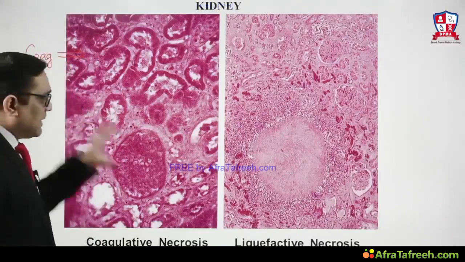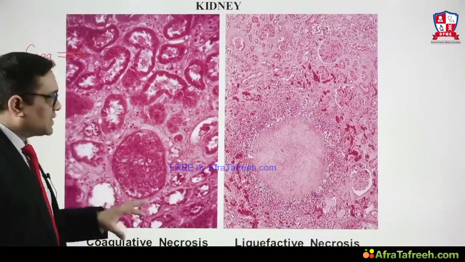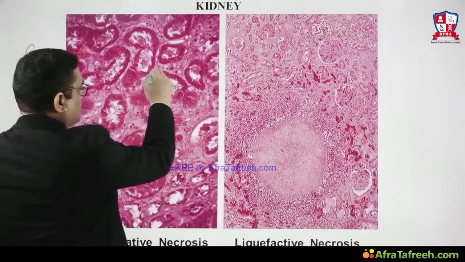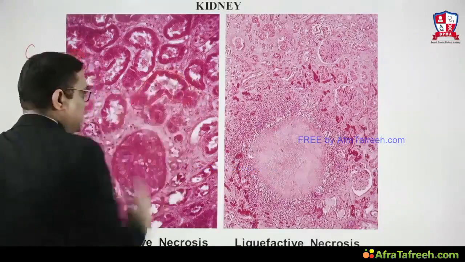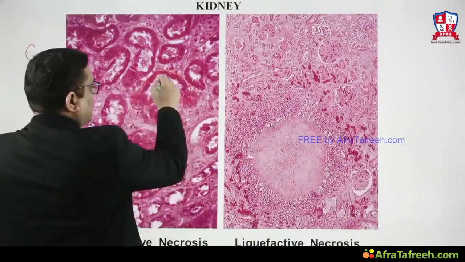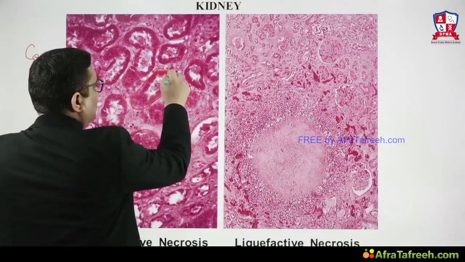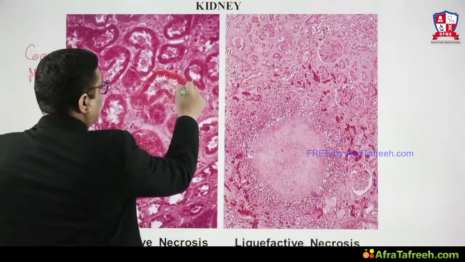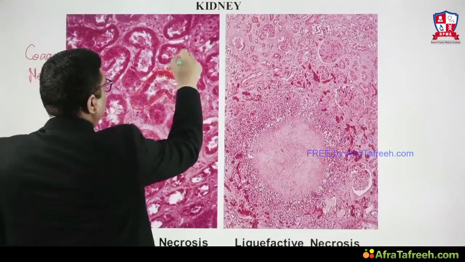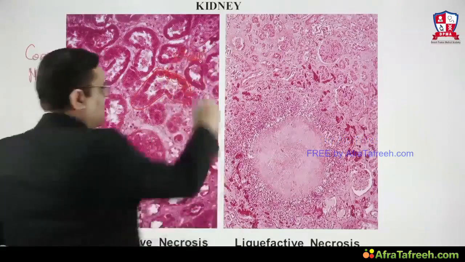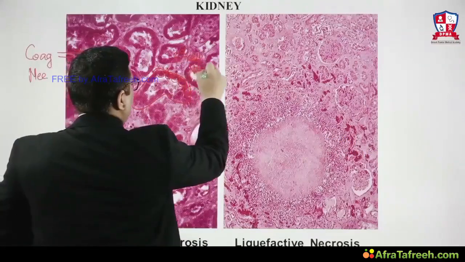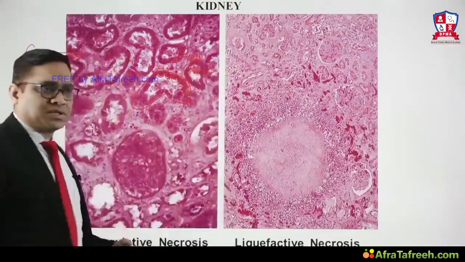It's a kidney specimen, histological examination, where these are the tubules. You can see the tubules are visible here, but what we are seeing are just eosinophilic cells, and these eosinophilic cells are necrotic.